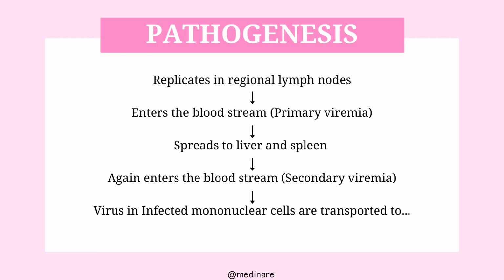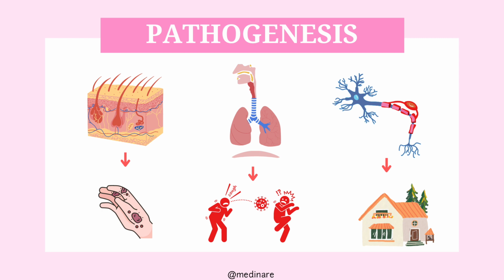The virus in infected mononuclear cells is now transported to either the skin, respiratory tract, or the neurons. If it enters the skin, the virus replicates in the epithelial cells, which leads to development of the typical rashes that we see as a manifestation of chickenpox. The swelling of the epithelial cells, ballooning degeneration, and accumulation of fluid in the formation of the vesicle will all happen if it reaches the skin.